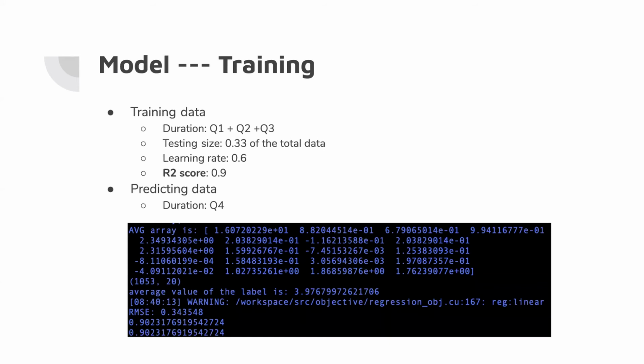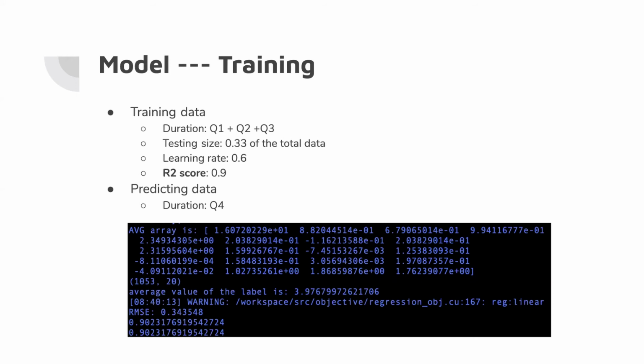The learning rate is 0.6. And after training, we got an R2 score of 0.9. The R2 score is a way for us to know how consistent the result is with the labels, or with the thing we care about.